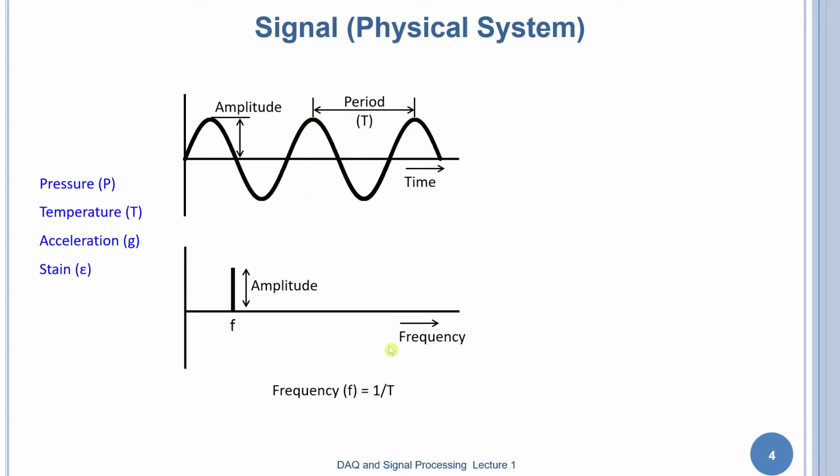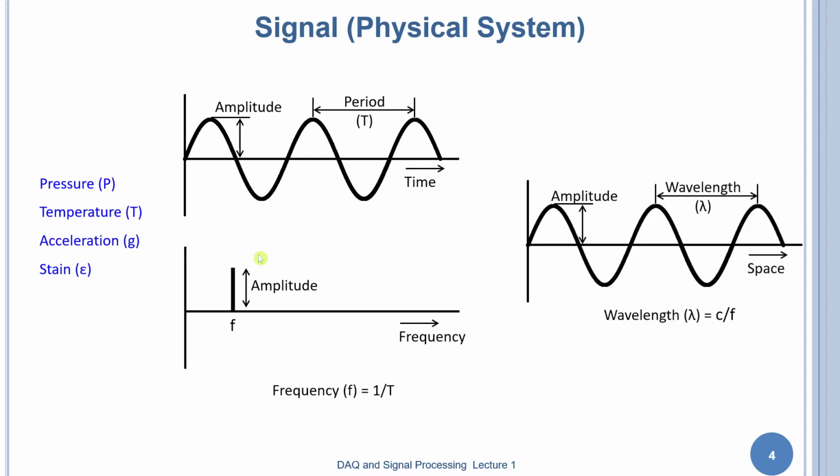Once you know that, you can get the frequency of the signal by taking the inverse of the time period. In frequency domain, the same signal can be represented as a single peak with that particular frequency and that amplitude. It's good to remember that.